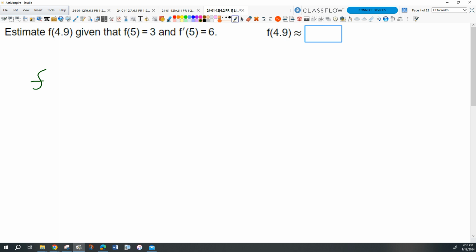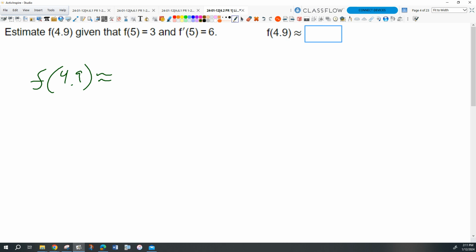So f of 4.9 is approximated by our linearization, which is what? What's the value of a? We've got to pick a value of a. The reason we would need to do this is that 4.9 is probably not a convenient value to plug into our function.